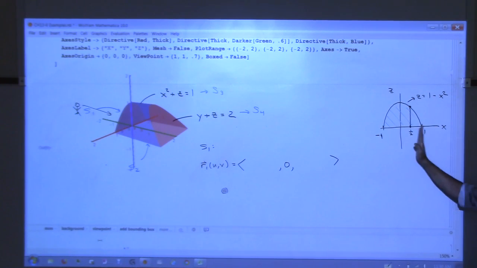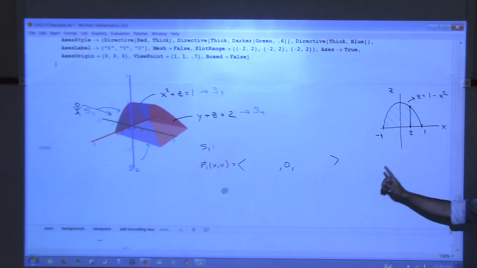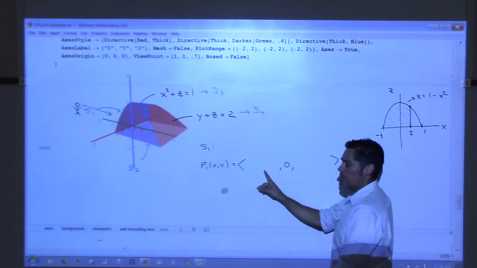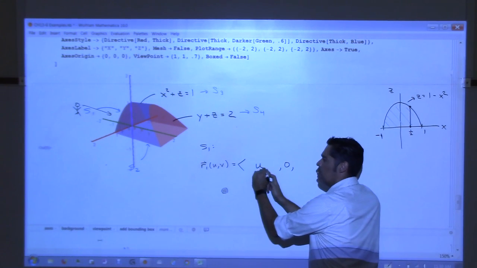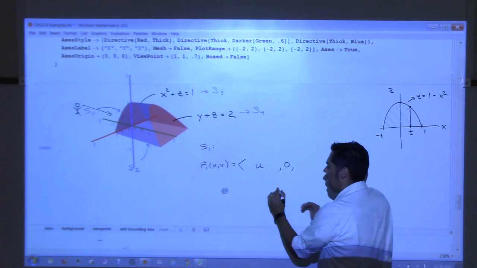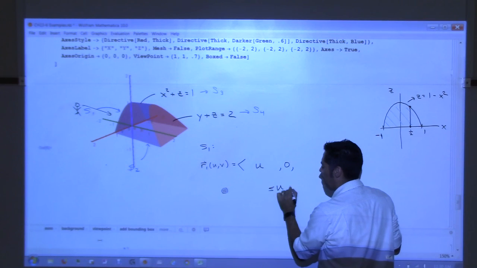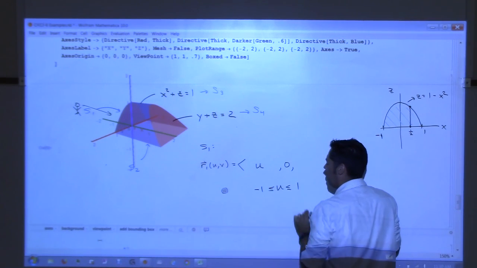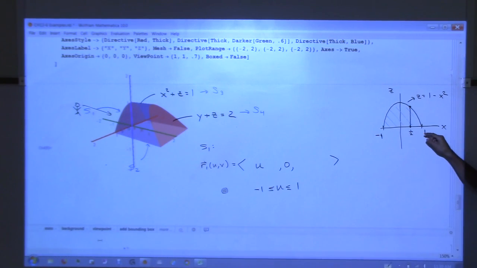Well, I first pick my x-coordinate, right? So my x-coordinate can be anything I want it to be. So why don't we call it u, all right? And that u will go between where and where? -1 and 1. And then what about my z coordinate of the point? It's got to be between those two, right? It's got to be between 0 and that.